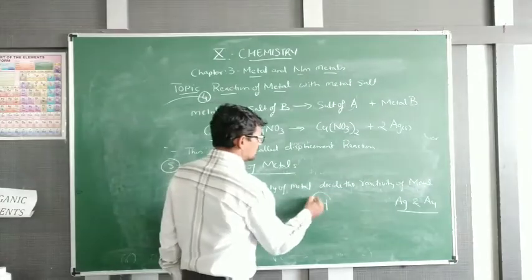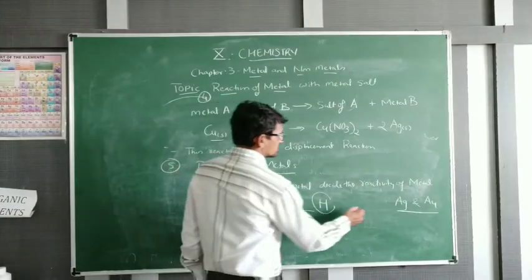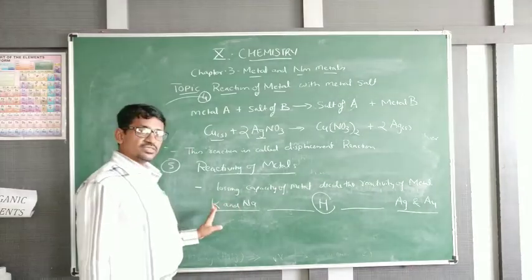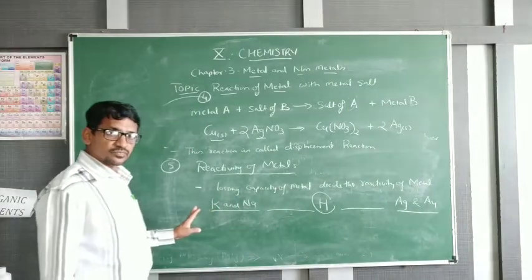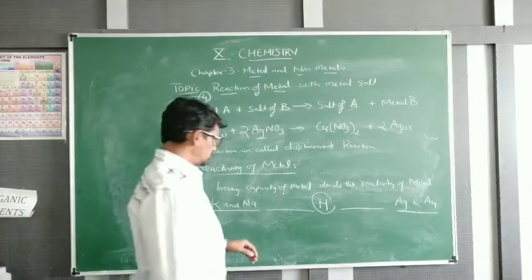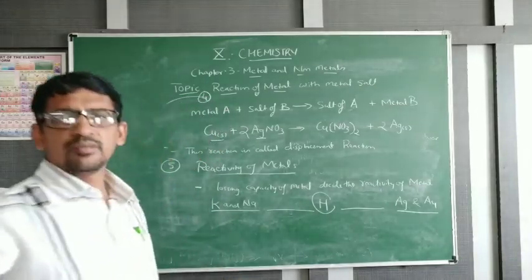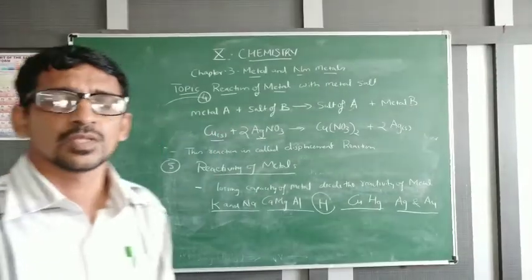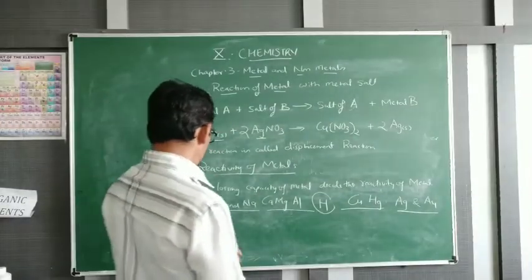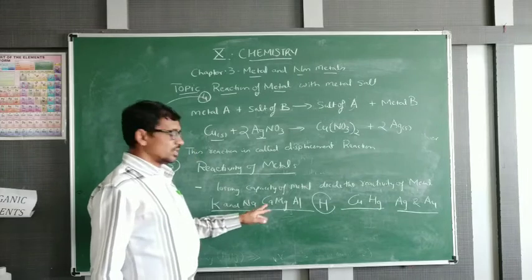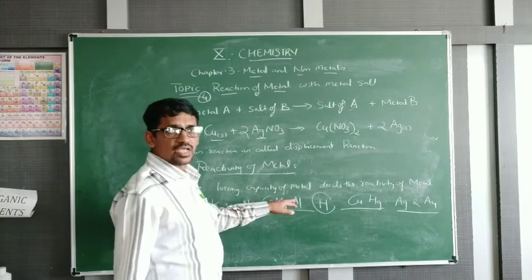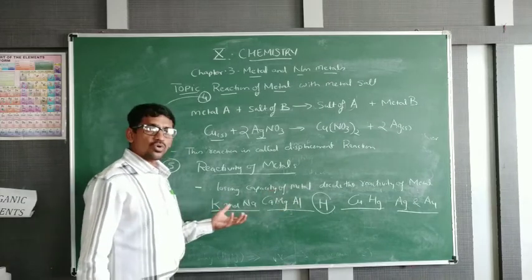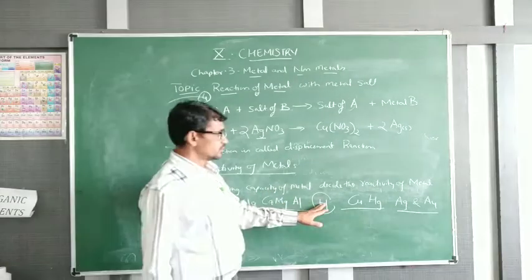So hydrogen is in the middle, and other metals are arranged around it. First are the alkali metals in the S block, sodium and potassium, then calcium, magnesium, aluminium onwards, and lead. They are more reactive as compared to hydrogen.